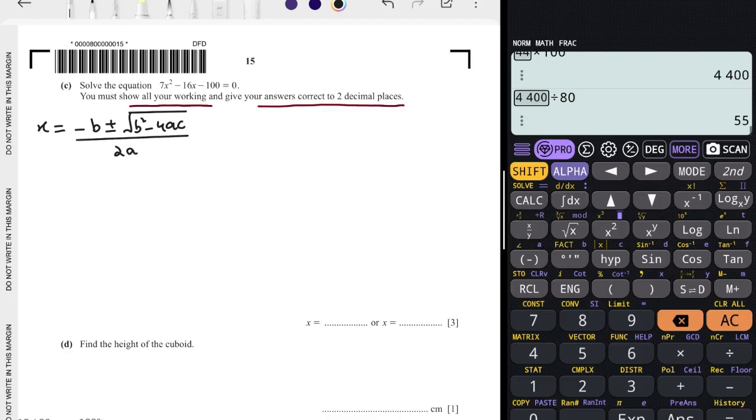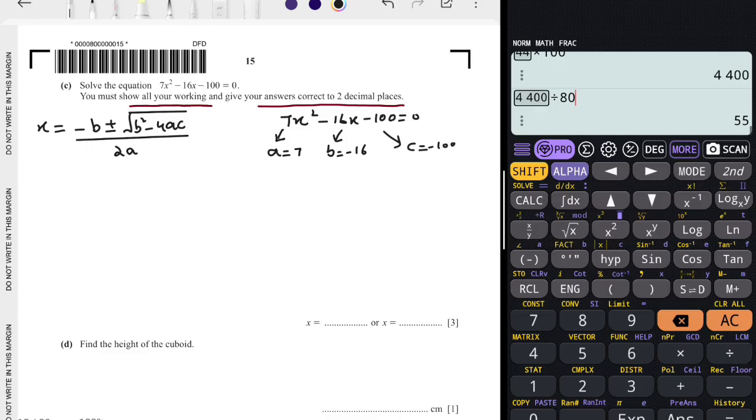So if you see the equation, that is 7x square minus 16x minus 100 is equal to 0. So we can find out the values of a, b and c from the equation. A is equal to 7, b is equal to minus 16 and c is equal to minus 100.